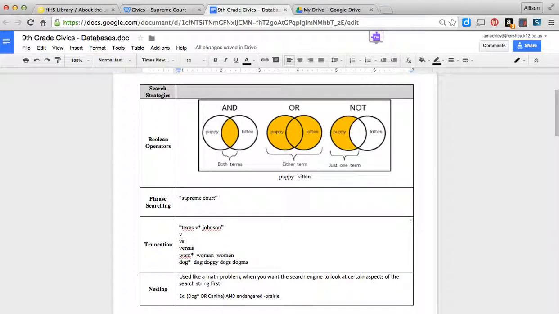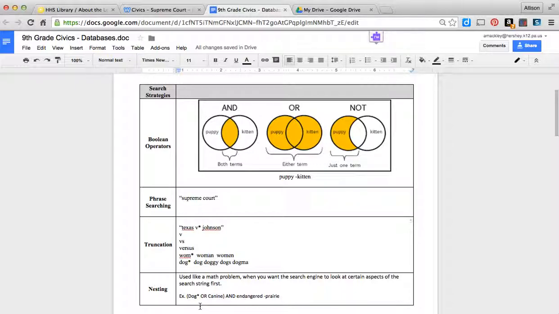Finally, there's a sophisticated form of creating a search string. This one is called nesting, and it's kind of like a math problem. So when you look at a math problem, and if the problem has parentheses in it, that means you do that part first. So when Google looks at this, it's going to know to do this part first.